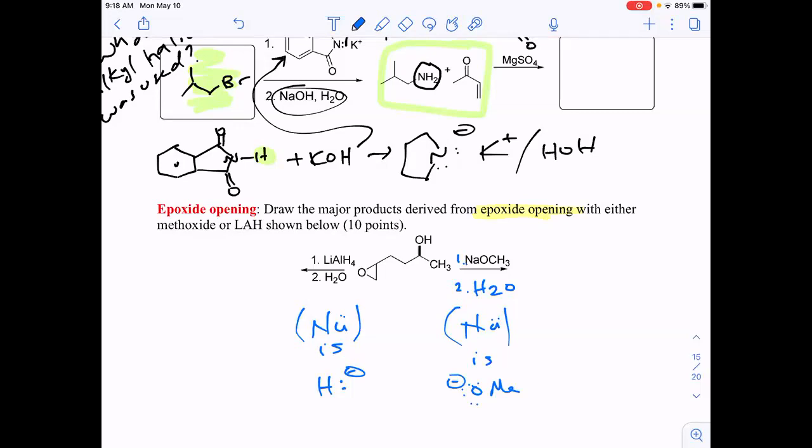So what should we get from that? From the LAH, what should the product be? This is under neutral conditions, so the location of the opening is not going to be any different.